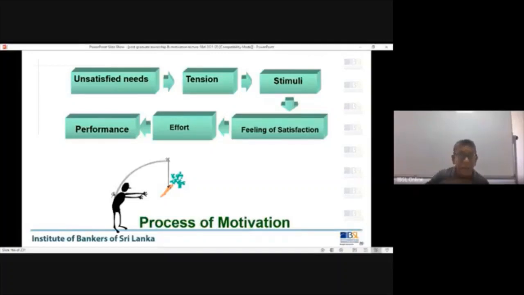And then we are trying to motivate employees to achieve both: one, the organizational objectives, and second, the individual's objectives. So motivation is how we try to do that. Okay. So in the organizational aspects, we are trying to do that.